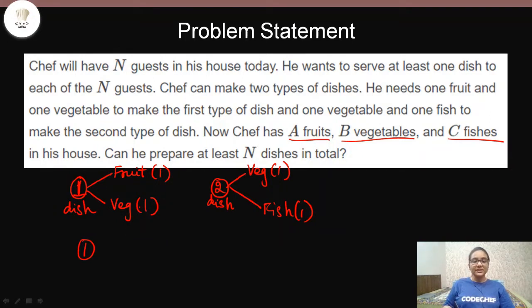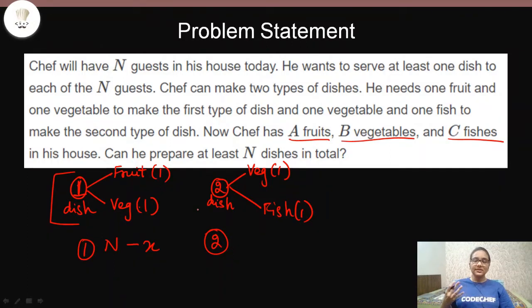But you can see that the fruit is only used in a single dish. So if the chef can prepare the first dish n minus x times, that means for n minus x guests, then the second dish can be prepared for the remaining guests, right?